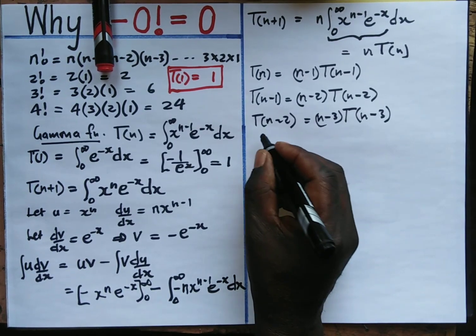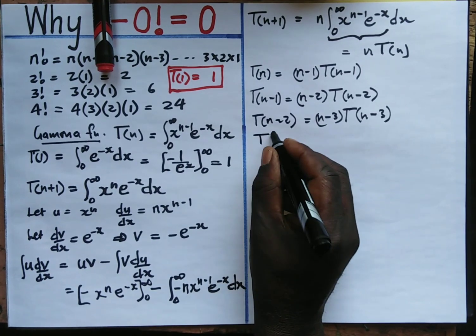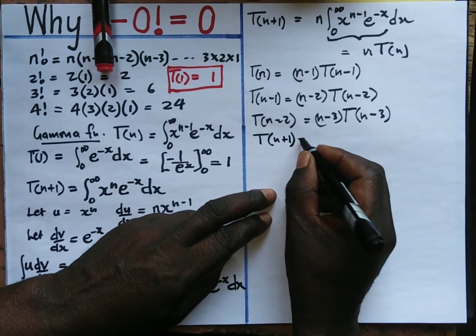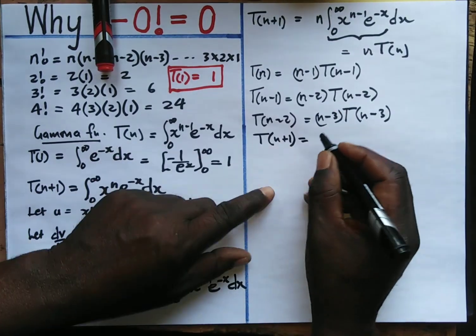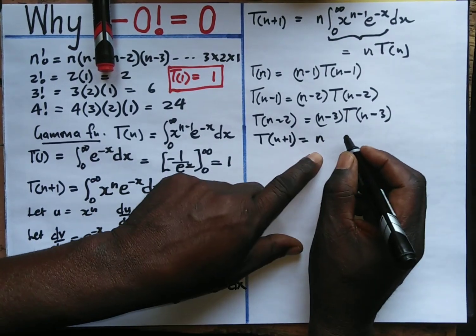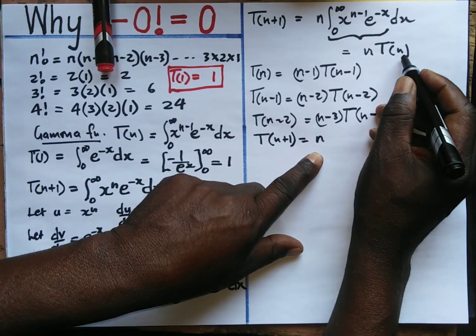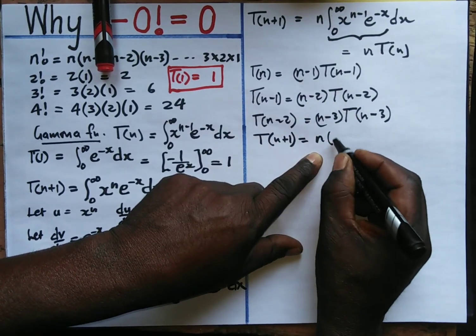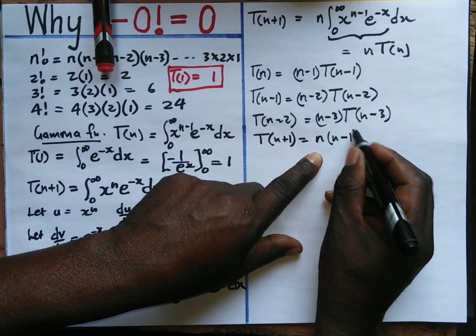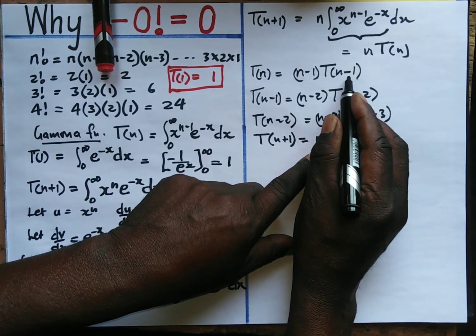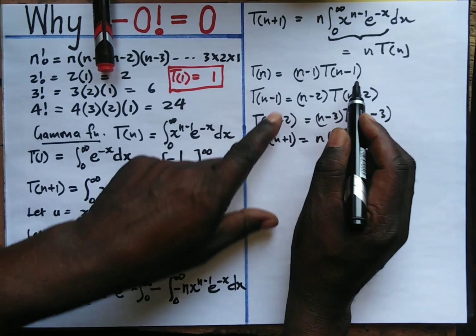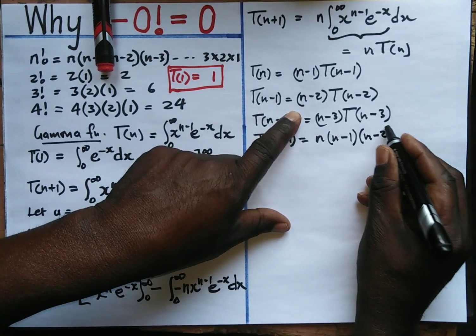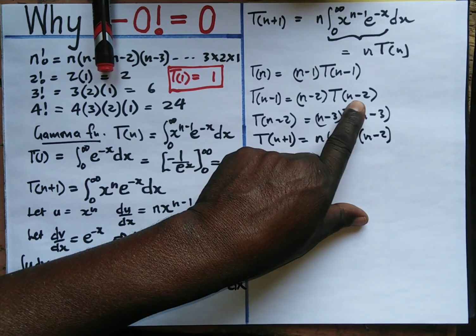So we can write gamma of n plus 1 is equal to n multiplied by gamma of n, which is equal to n minus 1 multiplied by gamma of n minus 1. But gamma of n minus 1 is n minus 2 multiplied by gamma of n minus 2.